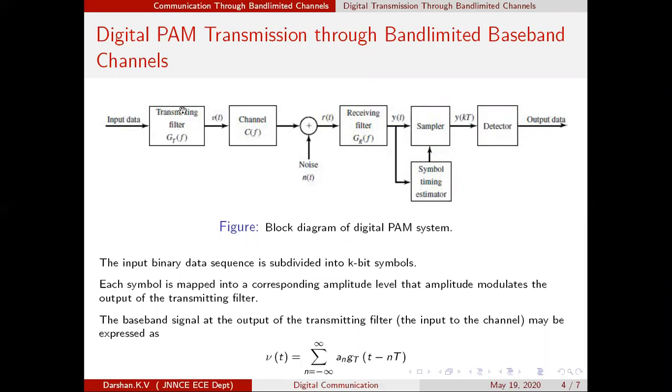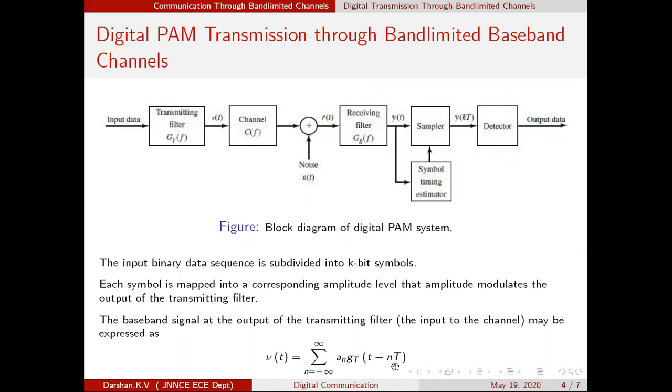So what is the pulse? The pulse is represented by the function g_T of t. Just carefully hear what I am telling. g_T of t is the pulse. The amplitude of the pulse is represented by a_n. A refers to amplitude, n refers to symbol number. So for the first symbol, A1 is the amplitude, and the pulse amplitude would be A1.